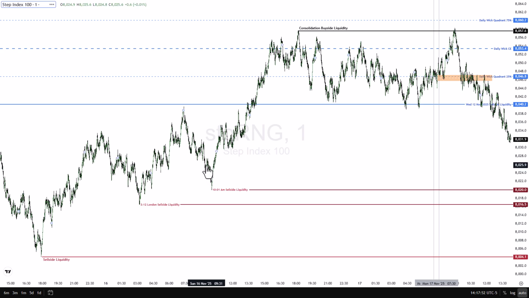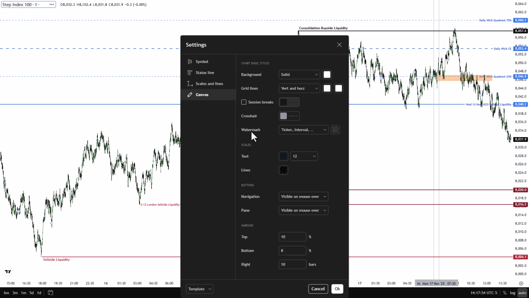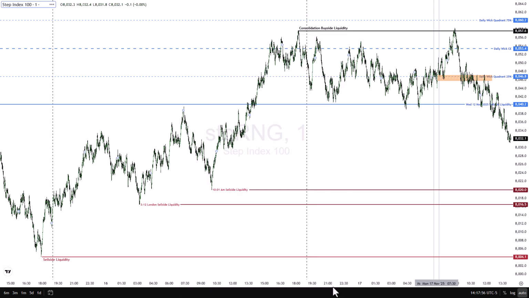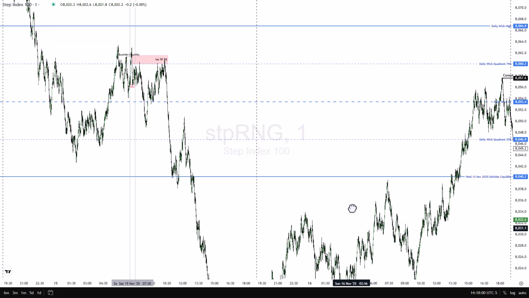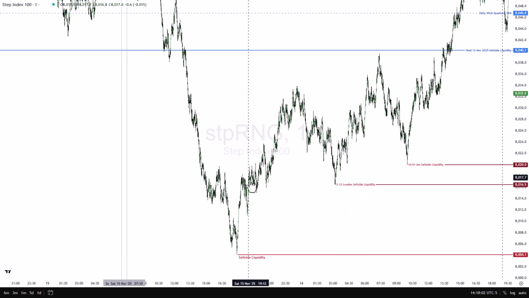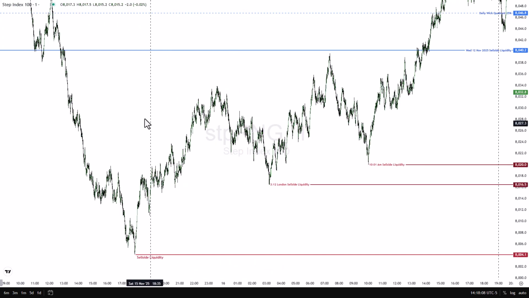If we pull out the session breaks, there's something that I want to show you guys real quick, okay? We open for the new trading day of the 16th of November right here, right? This vertical dotted line is telling you the opening price of the day.